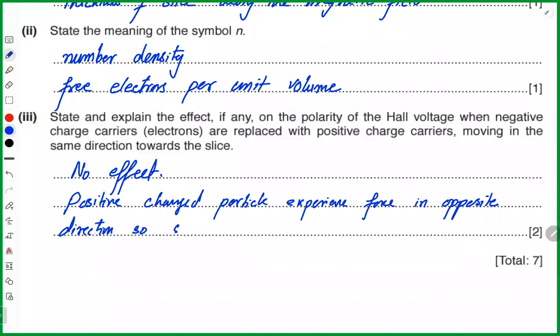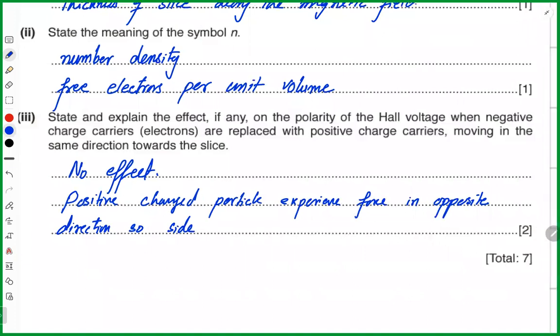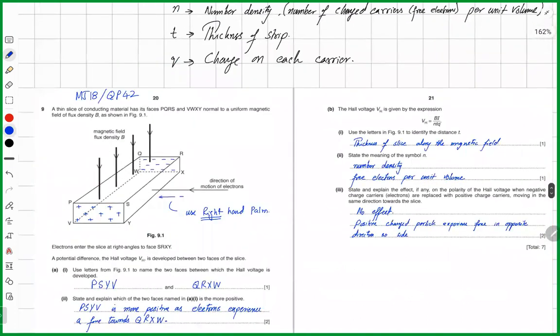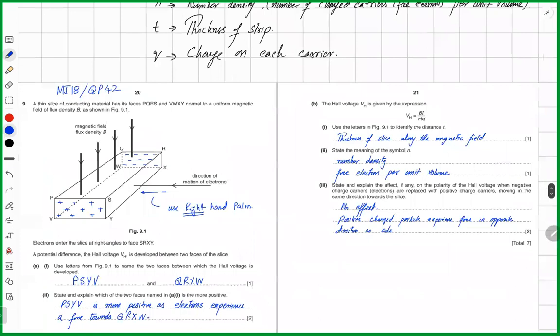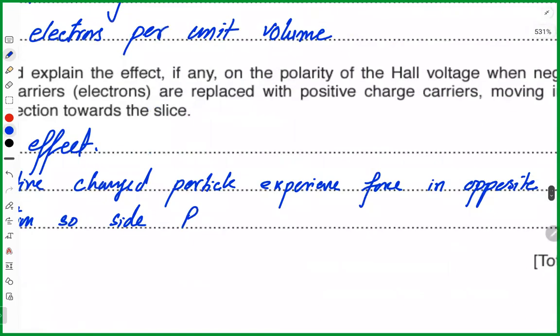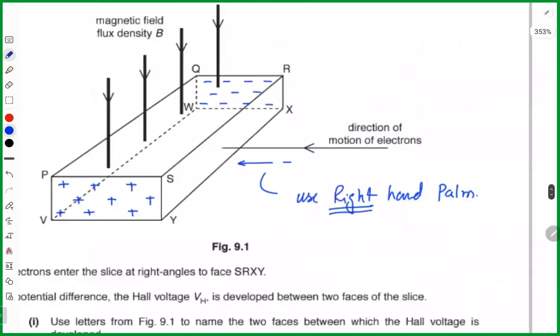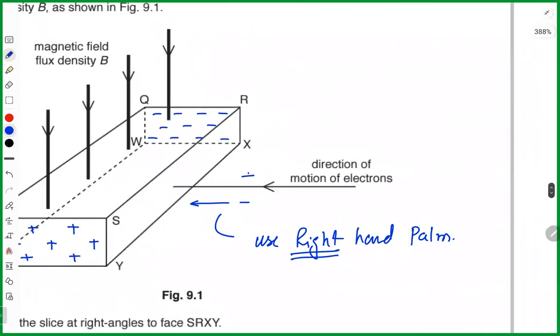So side PSYV will still be more positive. Listen, he says that instead of using electrons, what if we send protons over here?